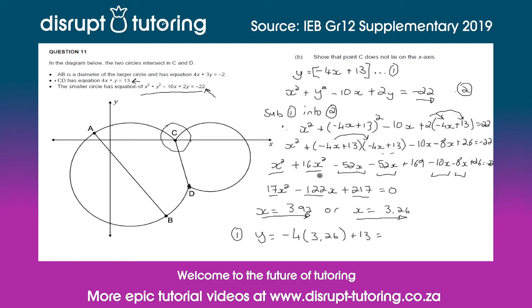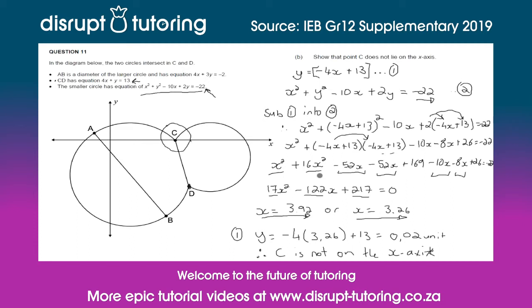Put that all in your calculator, and I get that y equals 0.02 units, which therefore means that C is not on the x axis, which is what they asked us to show.